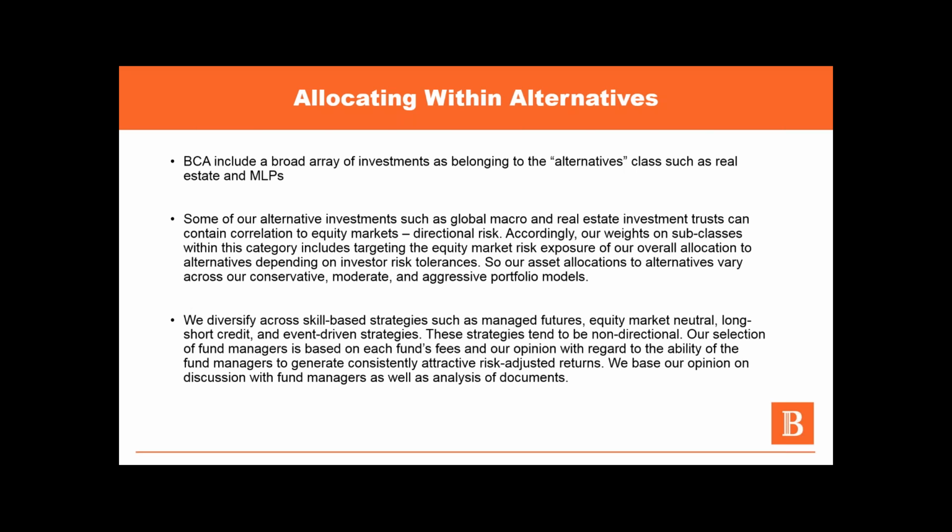We have a lot of assets in the area that we would claim to be alternatives, but we point out in this first note that when we talk about alternatives at Biltmore, we include real estate and oil and gas, master limited partnerships, MLPs in that category. Some other asset managers don't include those as part of alternatives, and that's why sometimes our alternative allocation may appear a little larger than some others.